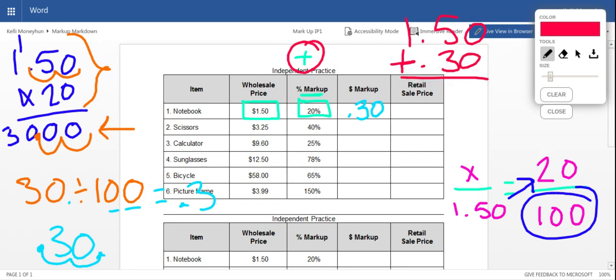Please remember that when you're adding or subtracting decimals, you have to line up the decimal. So 150 plus 30 is 180. And that's my retail price, $1.80. Okay, that's my answer.